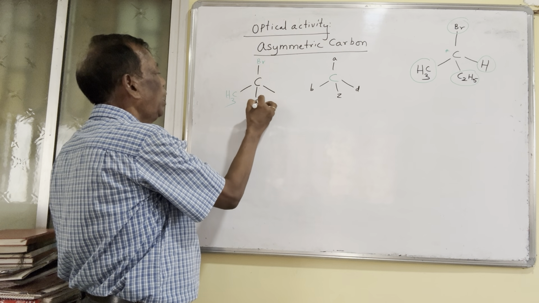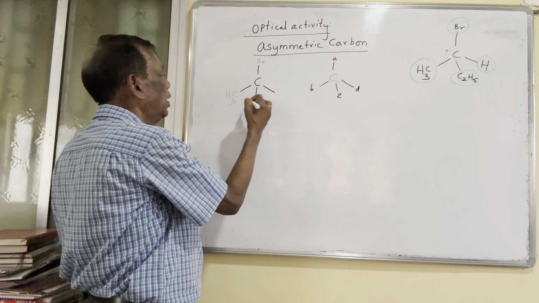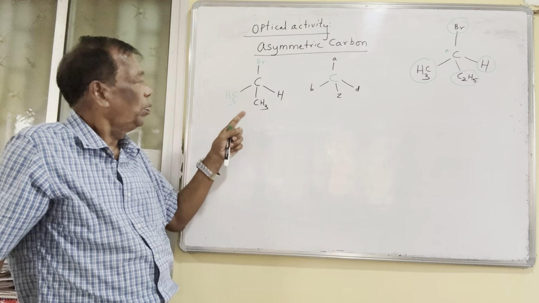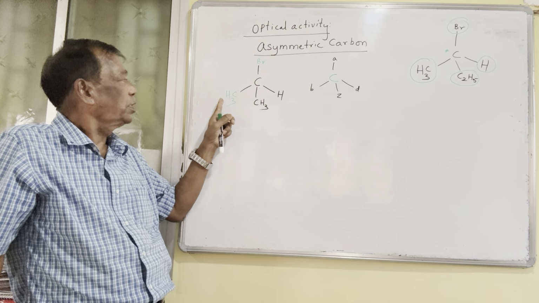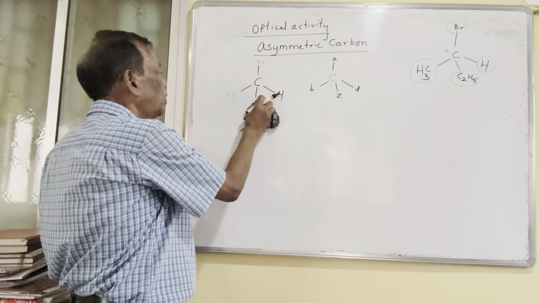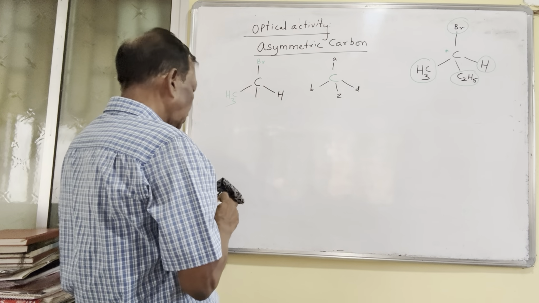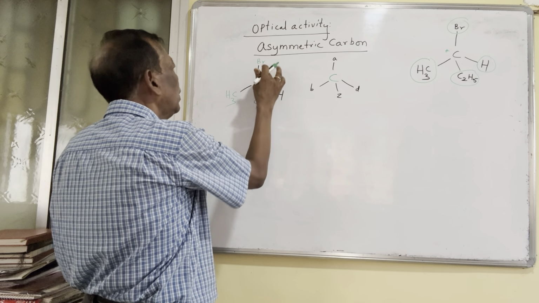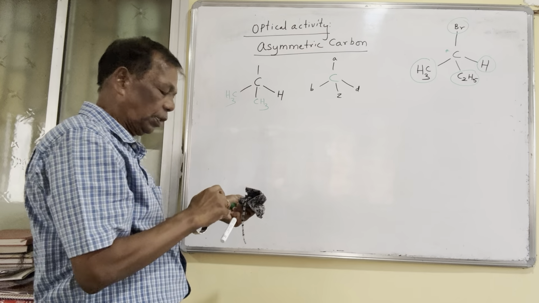And this group I have here also CH3, and this I say H. Now over here if you just see this methyl group and this methyl group, let me make it more clear. See, suppose this group is here CH3 and this group over here is say Br.